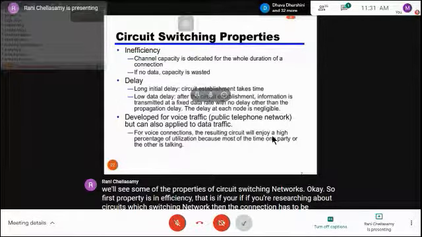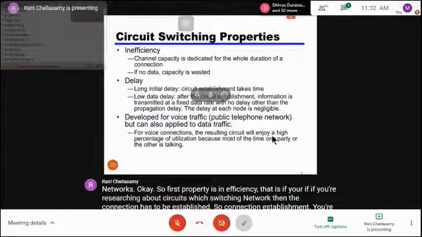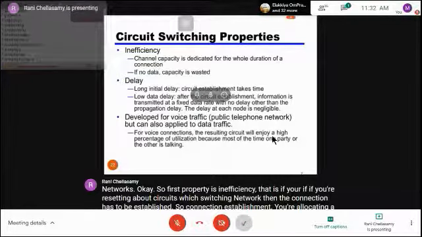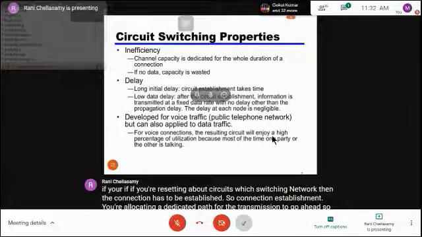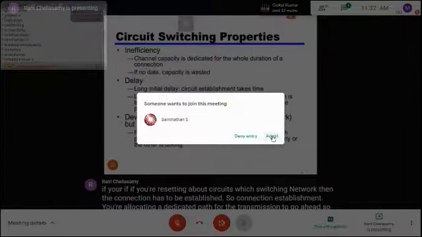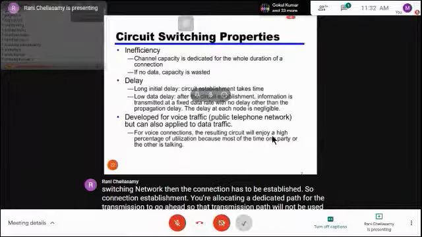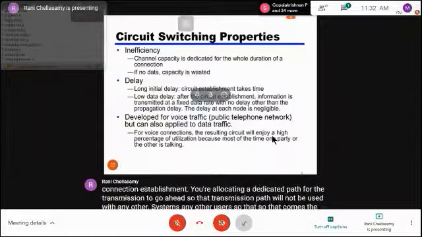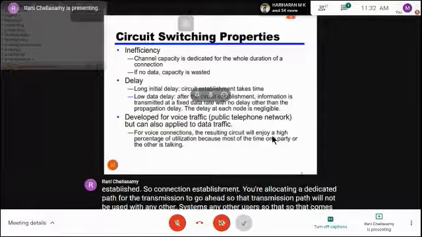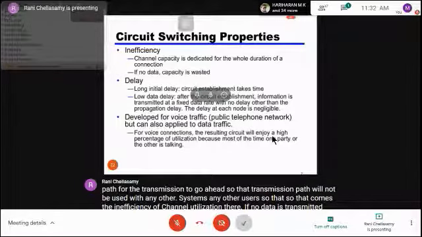That path will not be used by any other system or user, hence the inefficiency of channel utilization. If no data is transmitted, the capacity or bandwidth of the channel is wasted.